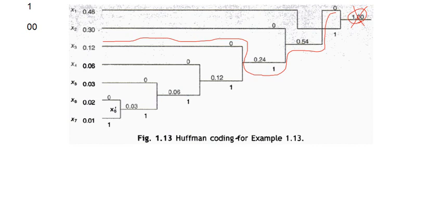So x3 is represented by 0 1 0. Next x4, how is x4 represented? Again the same line, 0 1 1 0. x4 is represented by 0 1 1 0.